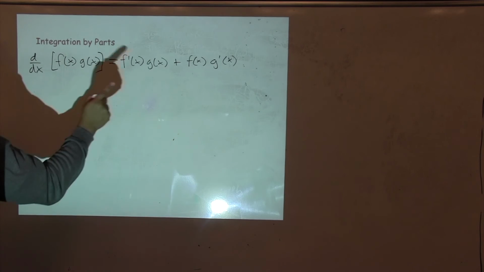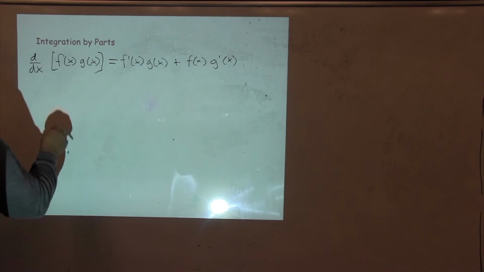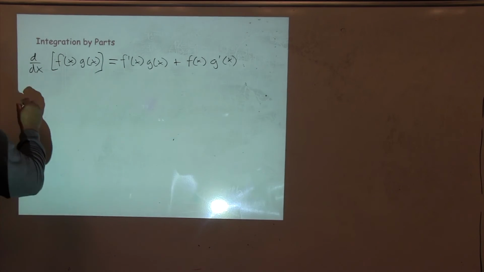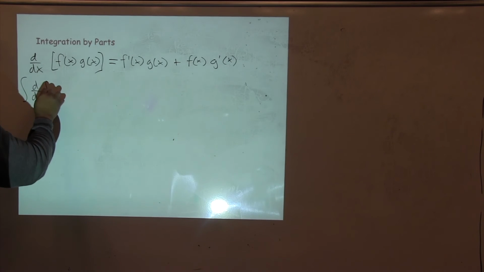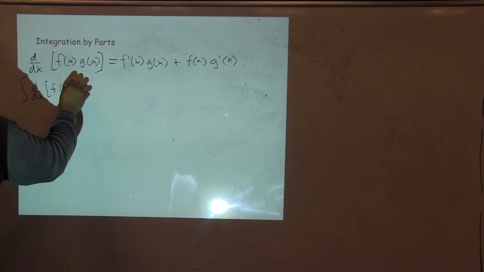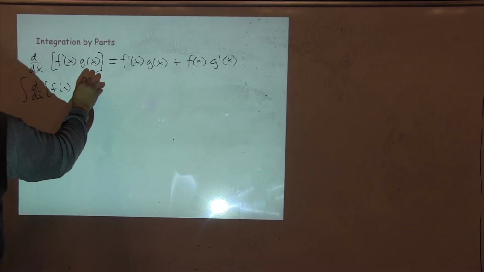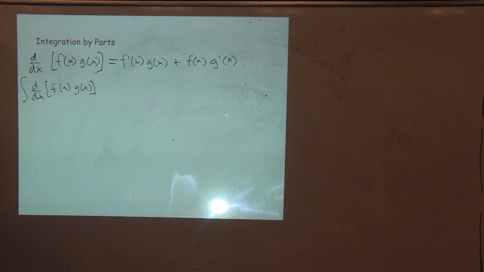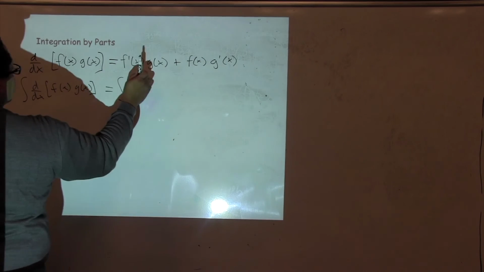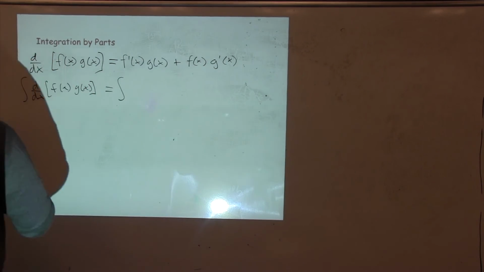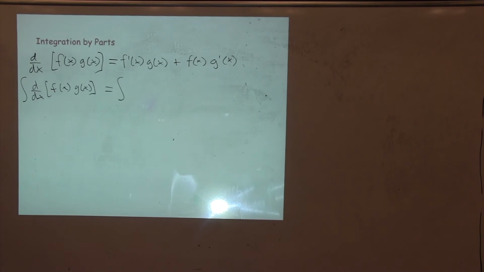So let's take the integral of both sides of the equality. Everything you do to this side, you do to that side. So we're going to take the integral of d/dx of f of x times g of x, that multiplication of two functions, and we're going to take the integral of everything here, this term plus that term. Now, of course, recall from calculus that the integral of a sum is the sum of the integrals, right?